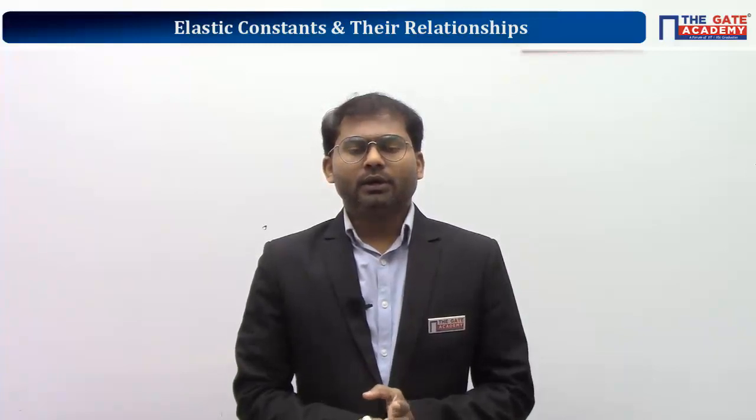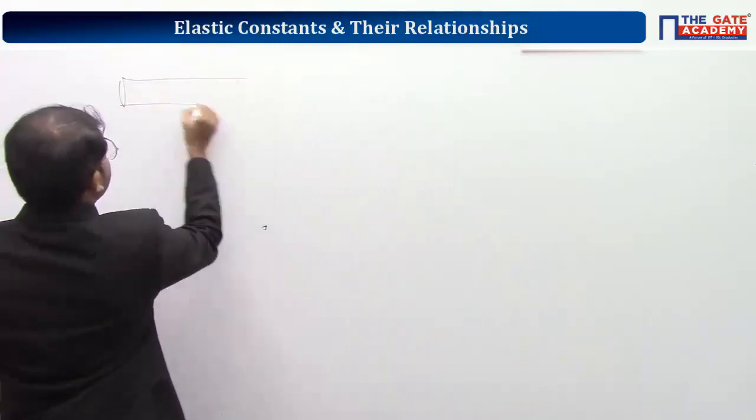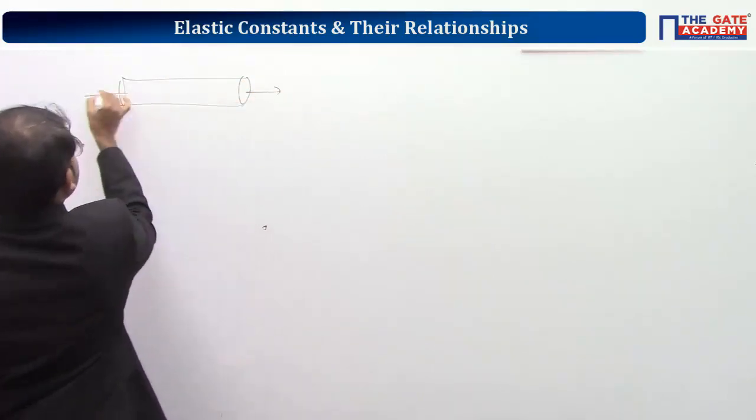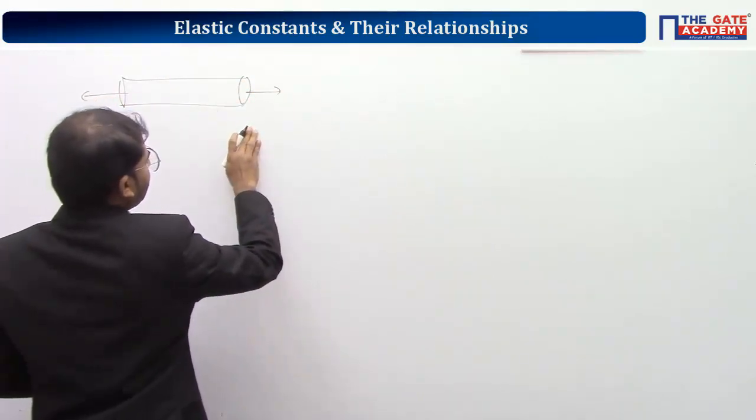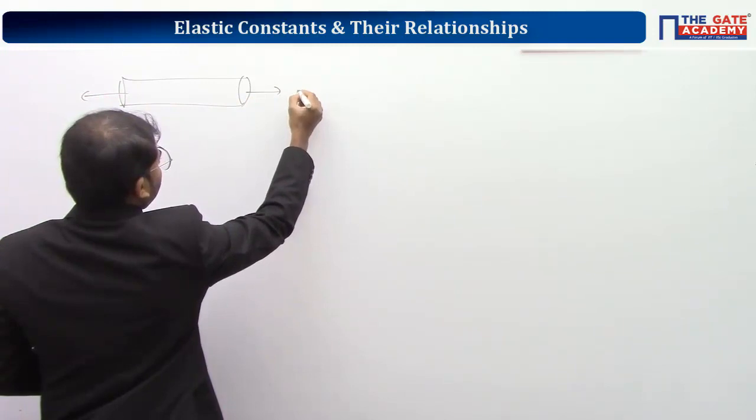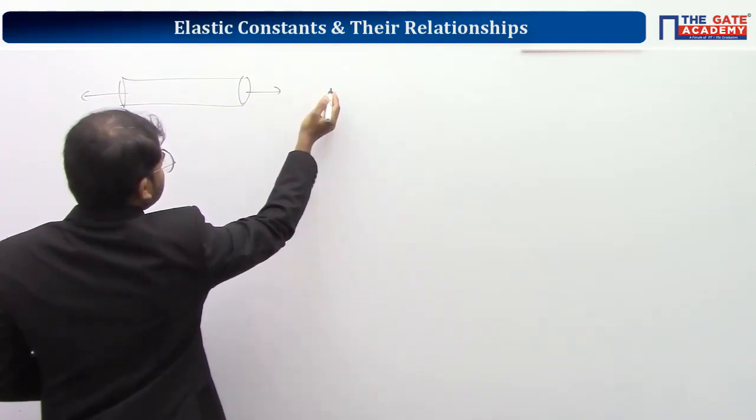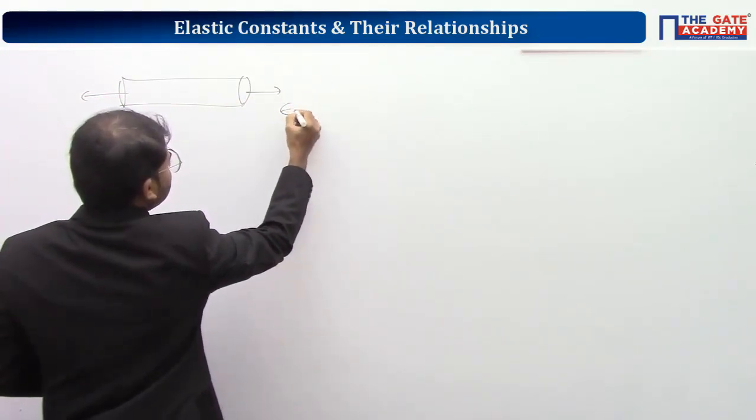Poisson's ratio, mu, an elastic constant. If you have a simple tension case, you are giving rise to stress in the length direction. Here we have stress in x direction, which gives rise to strain in x direction.